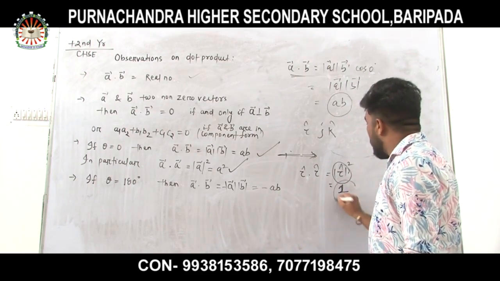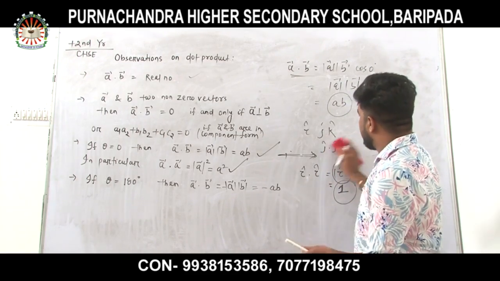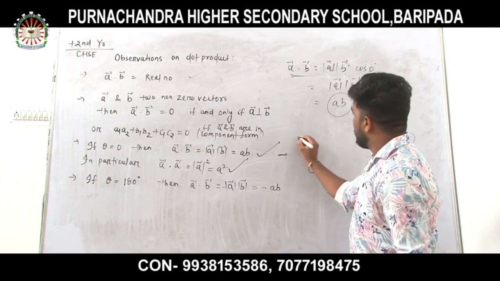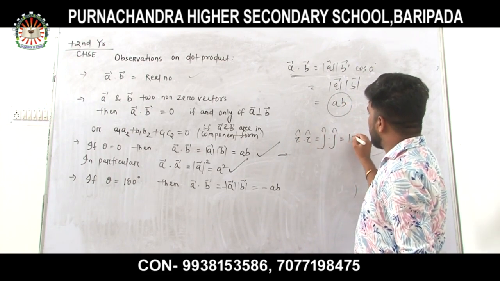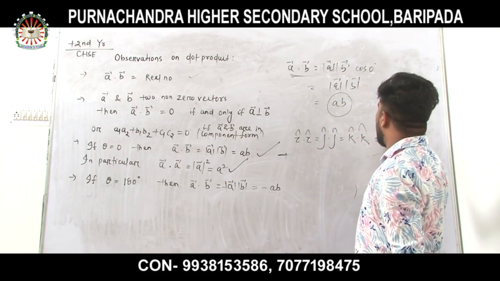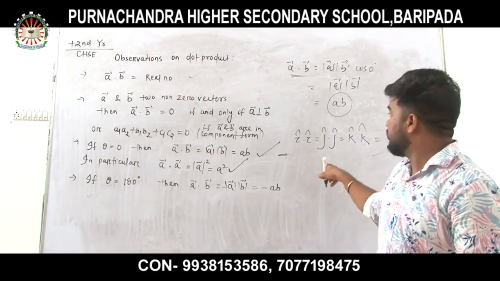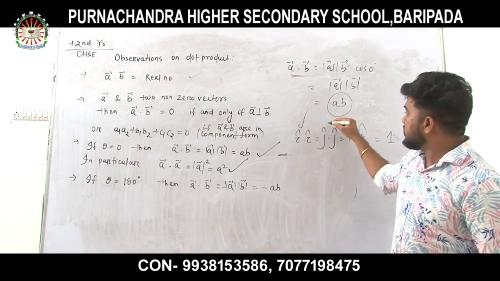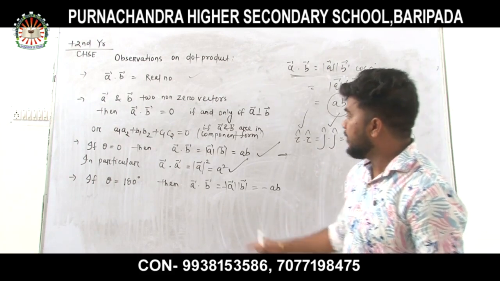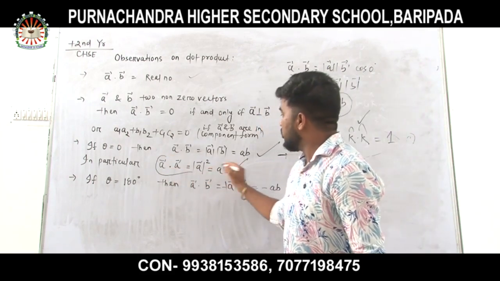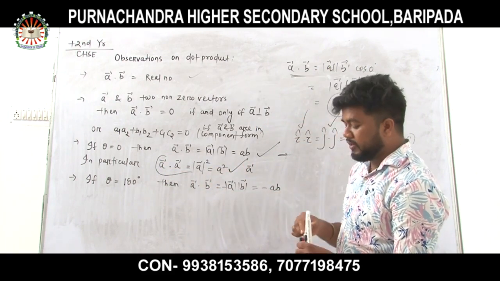Just like that, j dot j and k dot k. All are 1, because i, j, k are unit vectors: i along the x axis, j along the y axis, and k along the z axis. In particular, A is not a unit vector, so we get A square.